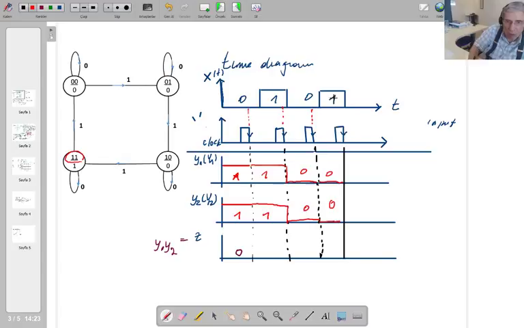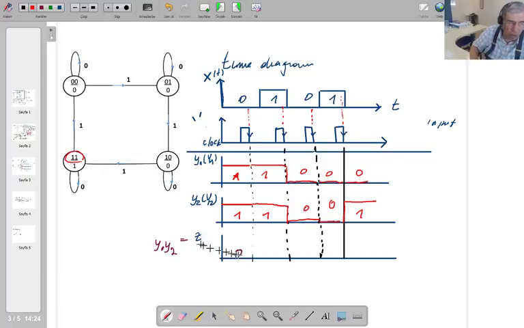So that means at the negative edge, you accept this 1. So your next state is 0, 1. That's going to be 0, and that's going to be 1. So this is how the state variables are changing here.